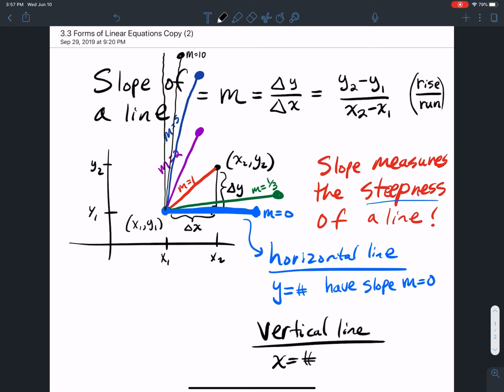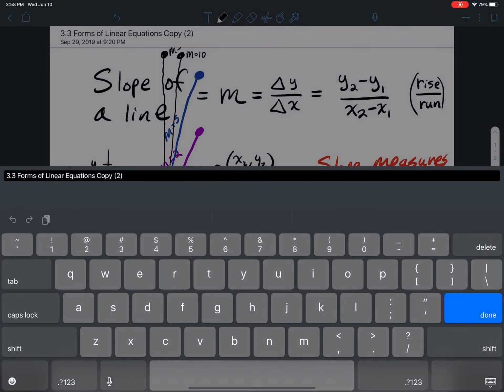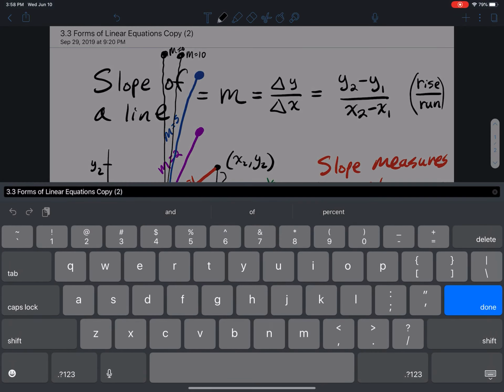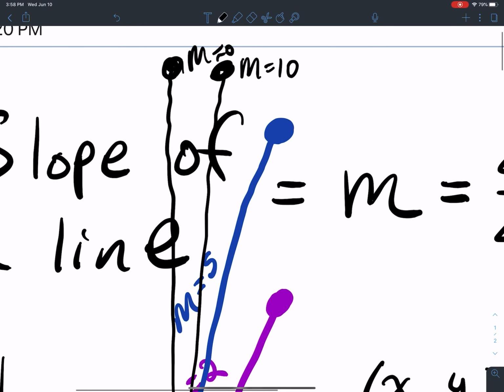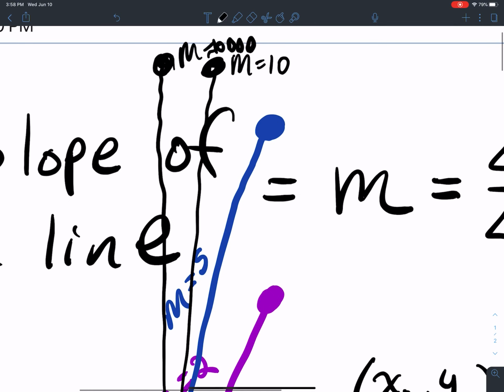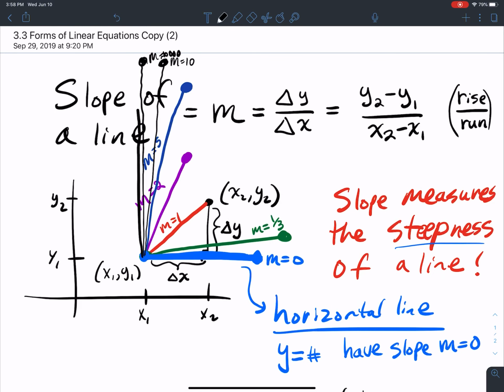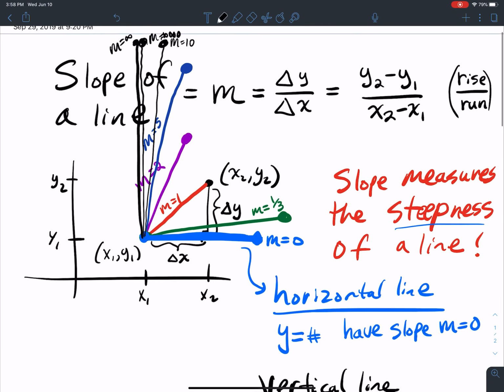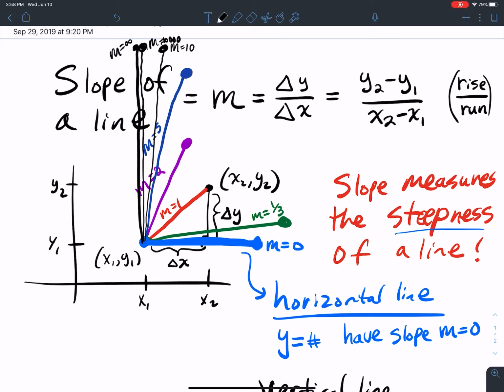So it would seem that we're approaching some number that's really, really big. This is kind of approaching a slope of infinity. Now, infinity is an idea, not a number.